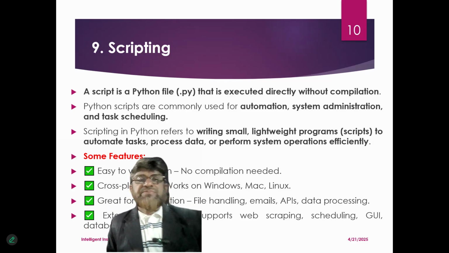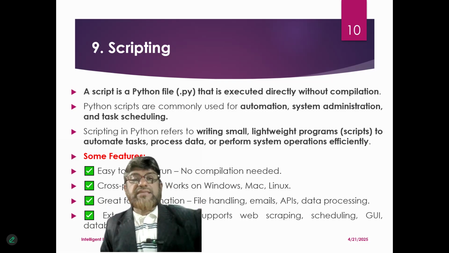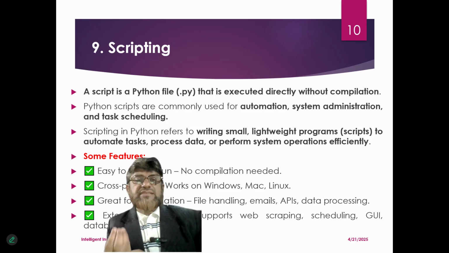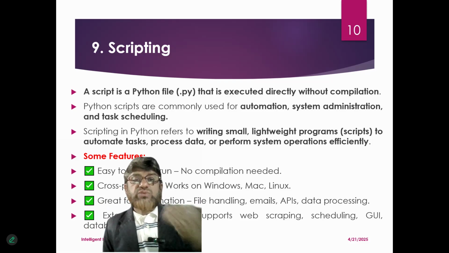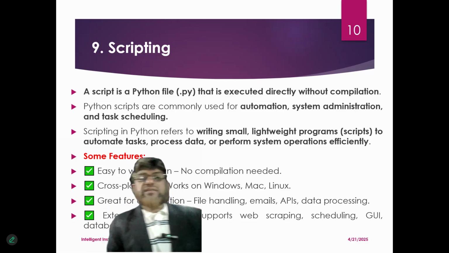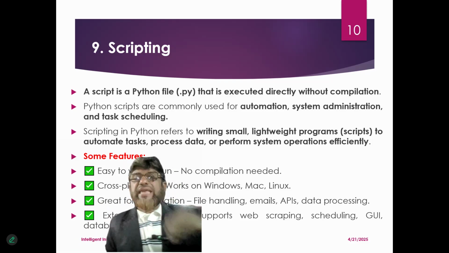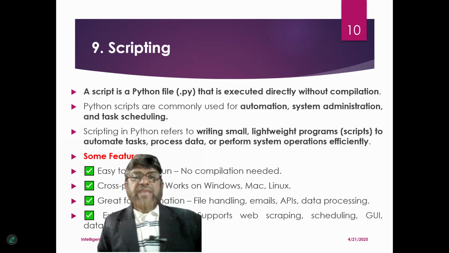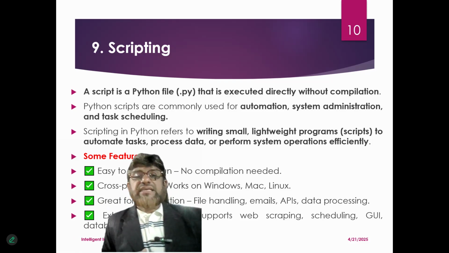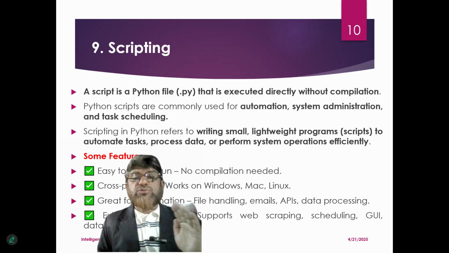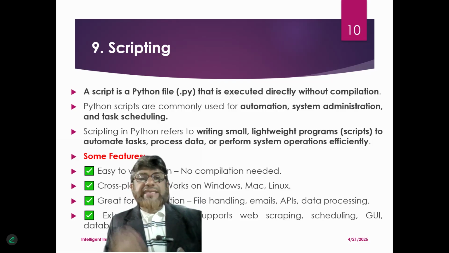Already I have explained the parallelism and concurrency we are using. And some more features: it is easy to write, because no compilation is required and it will execute directly. Okay. And cross platform, in the sense that Python can be used on any platform like Windows, Mac, and Linux.